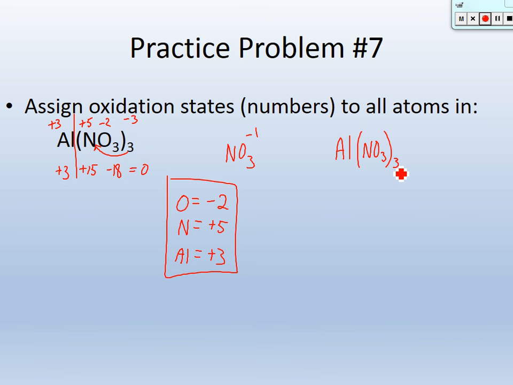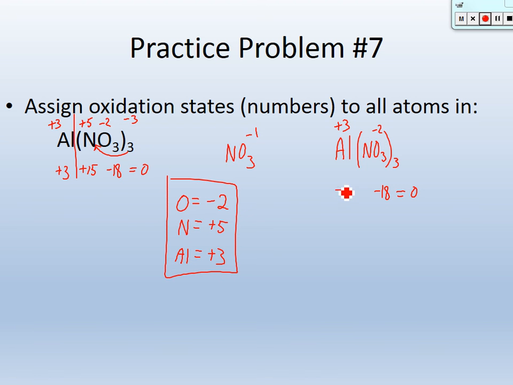Okay. And so we know that this compound doesn't have a charge. It sums to 0. Okay, let's just figure this out. So oxygen has a minus 2 charge, times 3 times 3 is 9, so there's a minus 18. We don't know what the nitrogen's oxidation number is right now, but we know that the aluminum is plus 3.